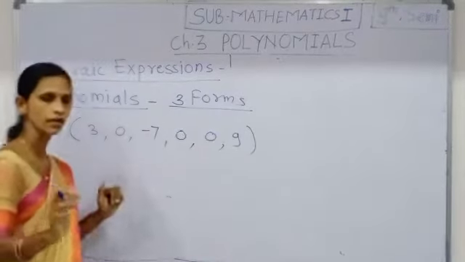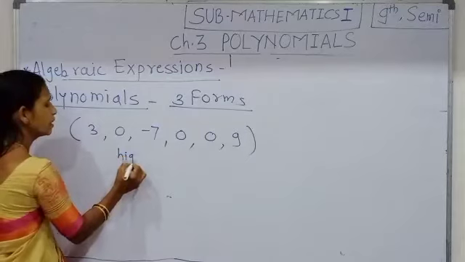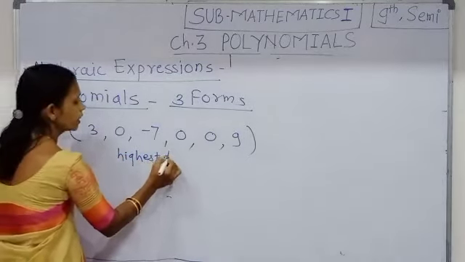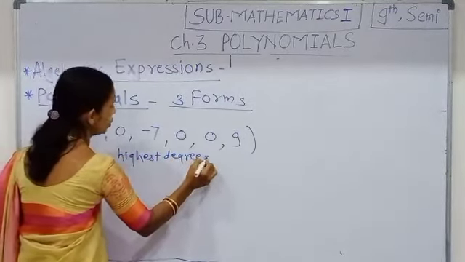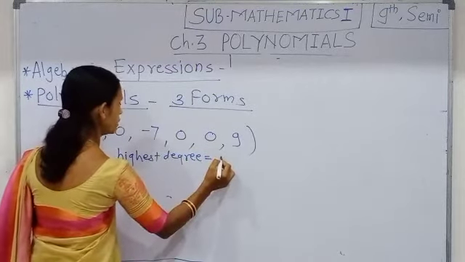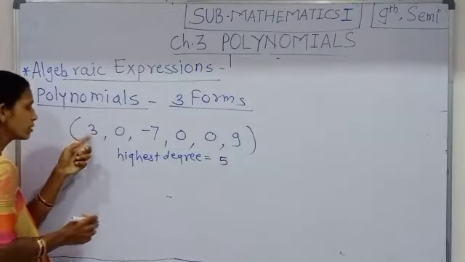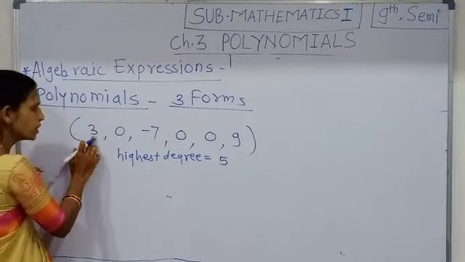Six coefficients are given here. Therefore, the highest degree of the given polynomial is 6 minus 1, that is 5.